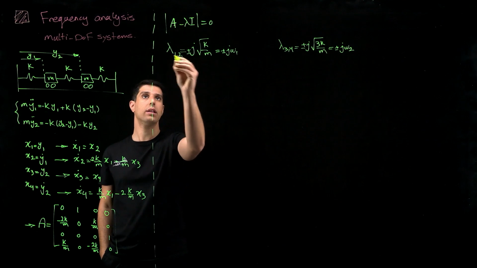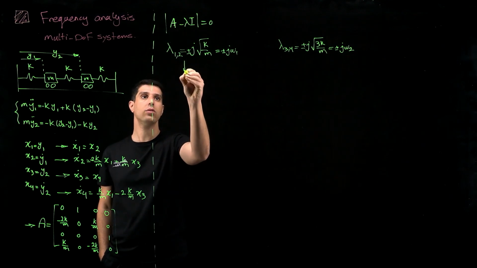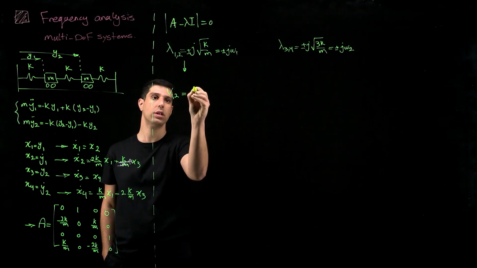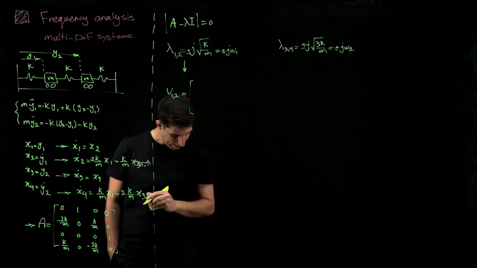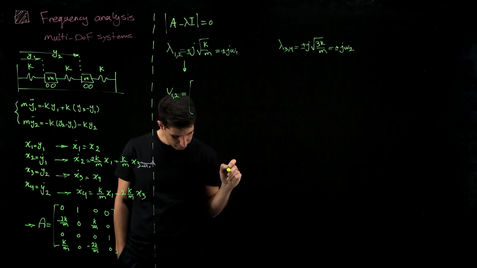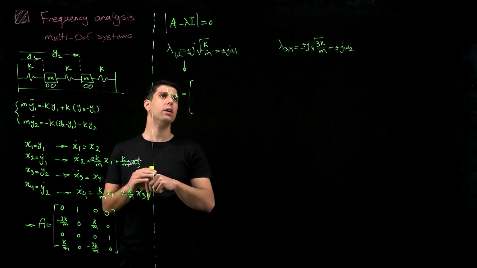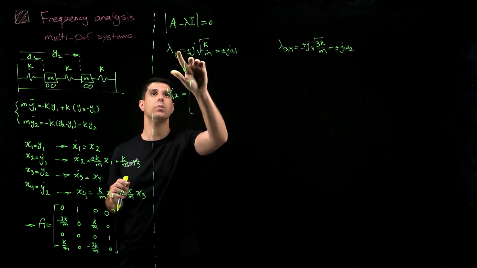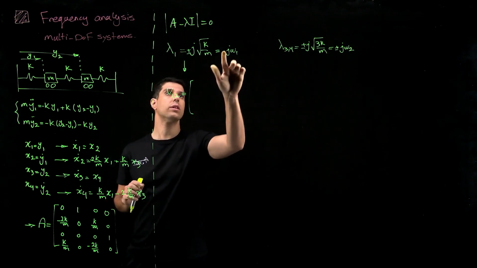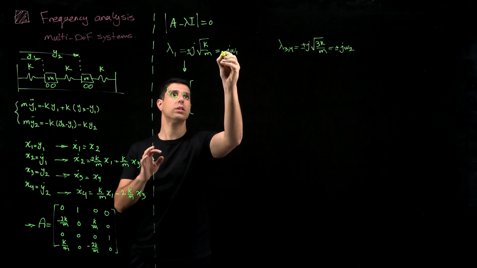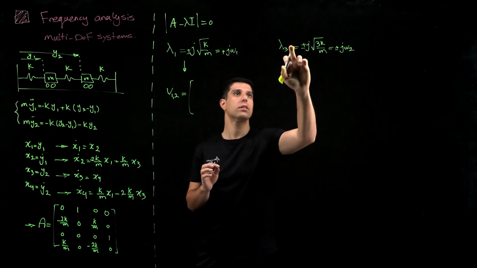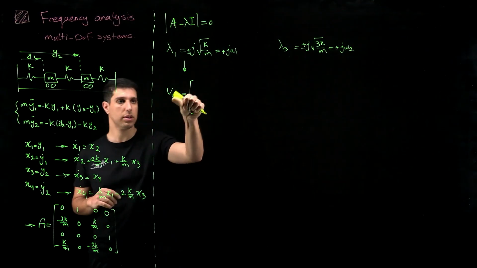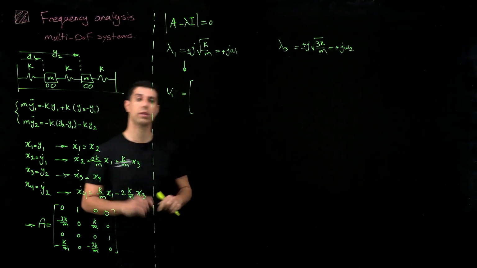And associated with these eigenvalues, I have eigenvectors. Let me write it this way. I don't want this, so let's only take the positive ones, and 3 also the positive one, because I don't want to confuse myself.